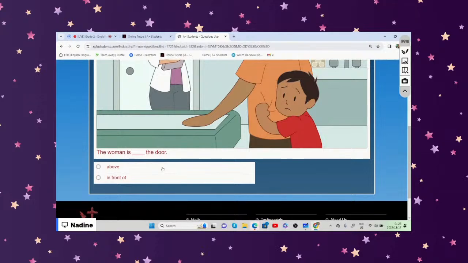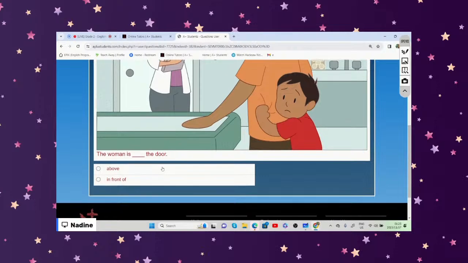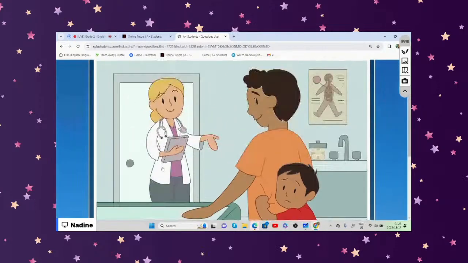Let's basically show where the woman is standing. So is the woman standing above the door or is she standing in front of the door?